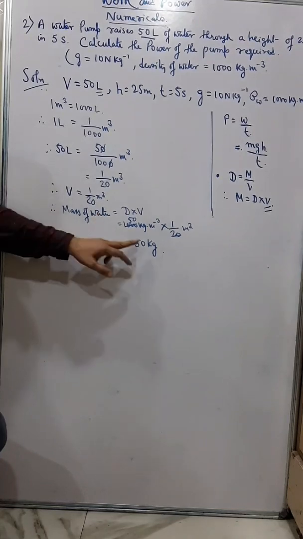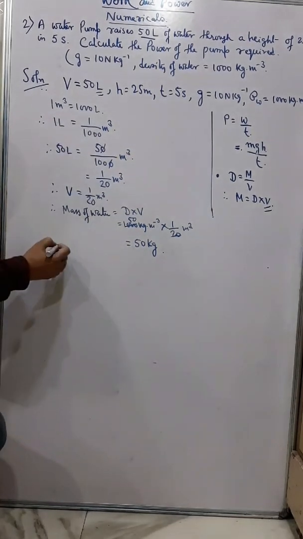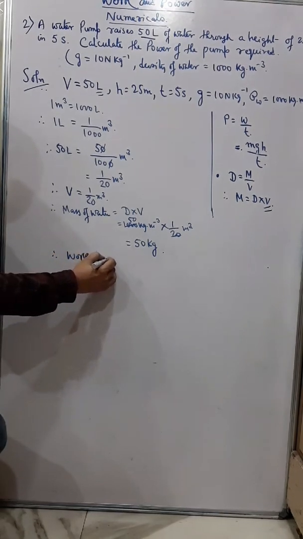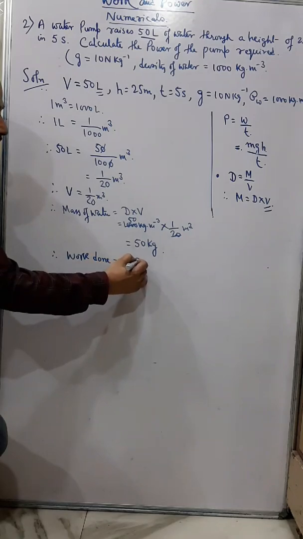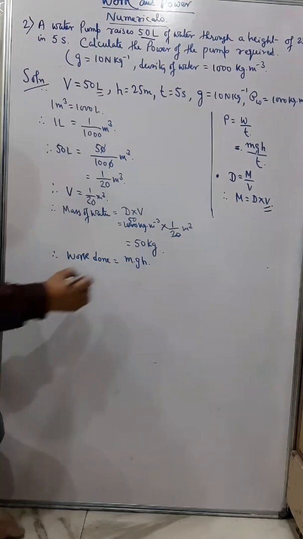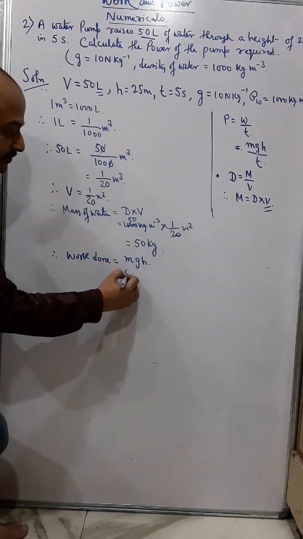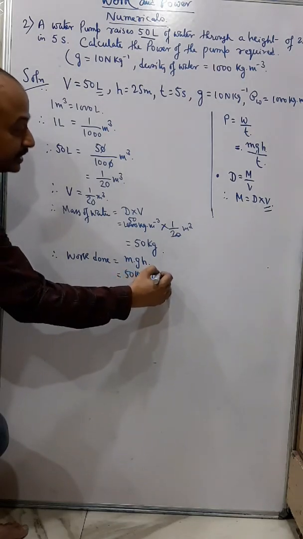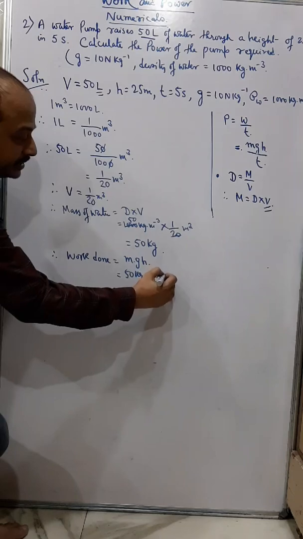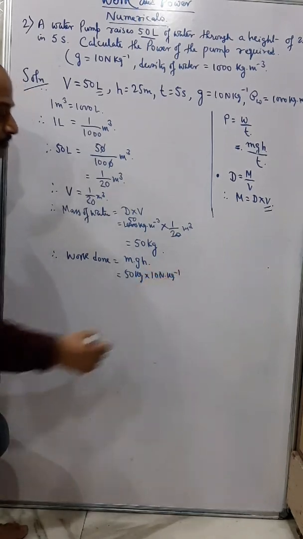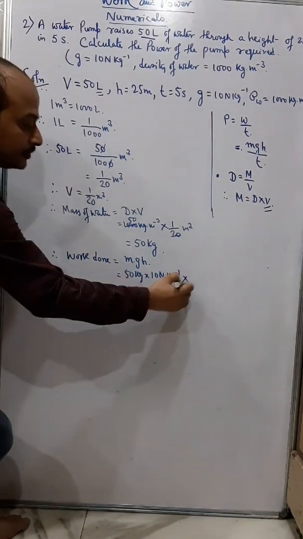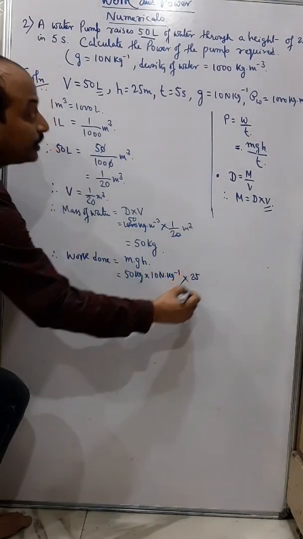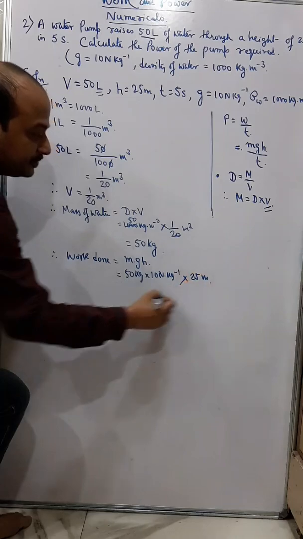So now we can get the work done, and we can say work done will be m into g into h, where m is 50 kg, g is 10 Newton per kg, and height is 25 meters.